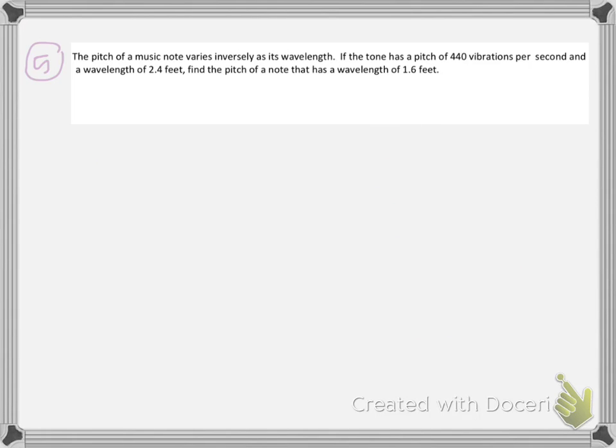The pitch of a music note varies inversely as its wavelength. So my x here is going to be wavelength, and my y is going to be the pitch of the music note.